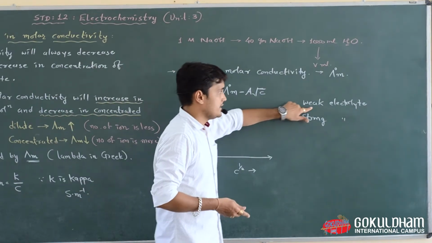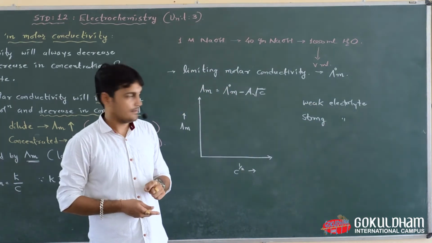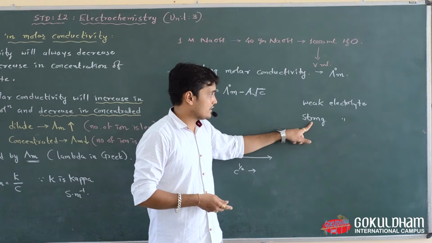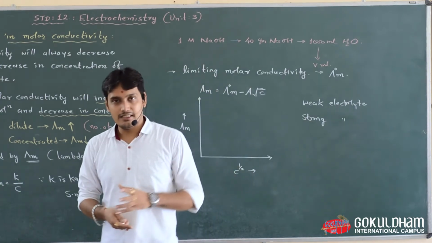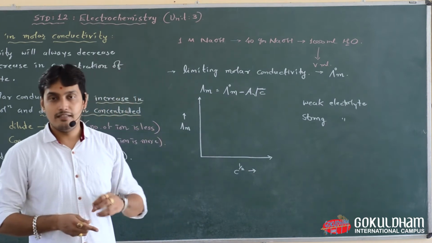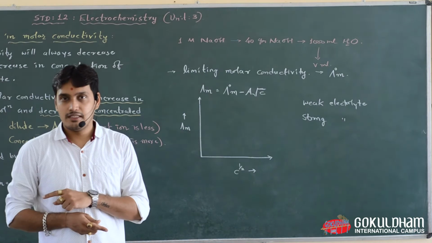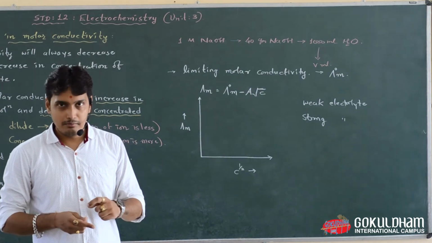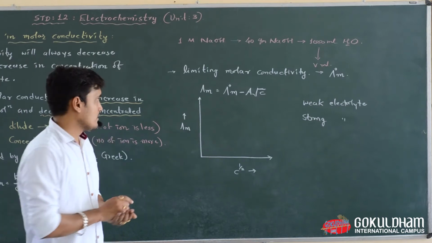This weak electrolyte is partially soluble in water. On the other side, strong electrolyte means when you pass the electricity, the strong electrolyte will dissociate into positive and negative ions. That means 100% dissolution in water.